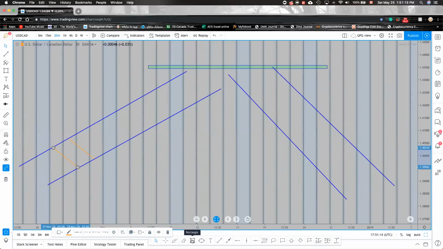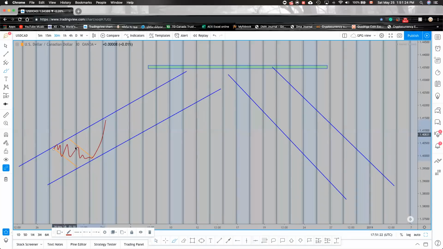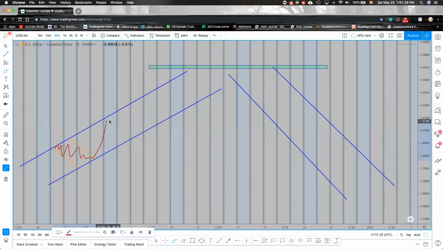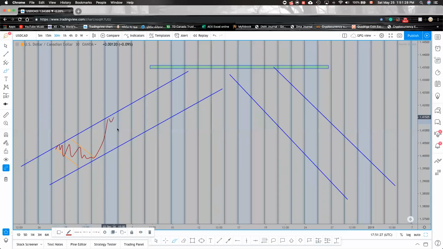So the simple induction down here will end up in a pump and dump pattern, and then the same thing is going to happen again. They will continue making this trend using these inductions, right?